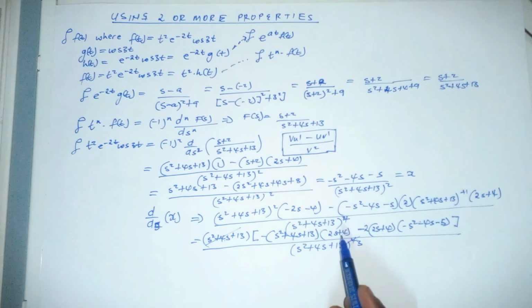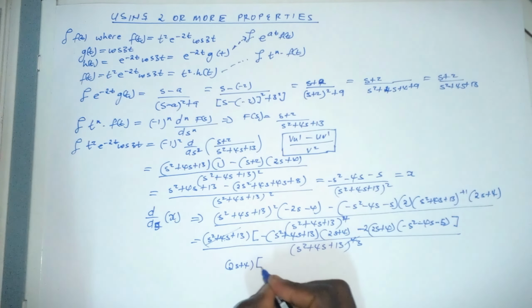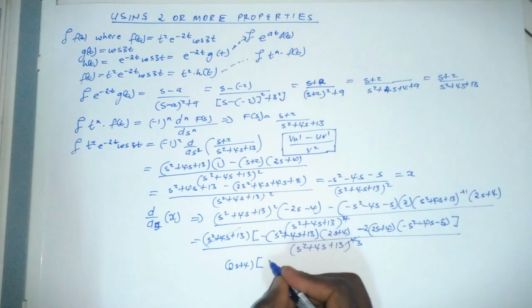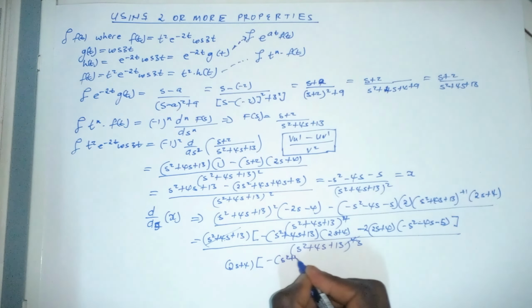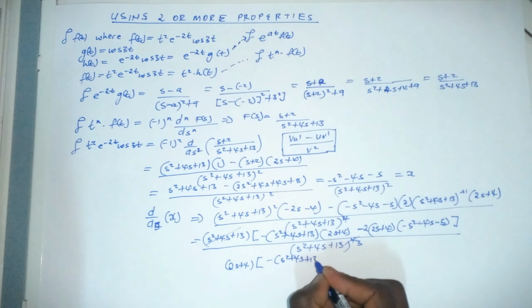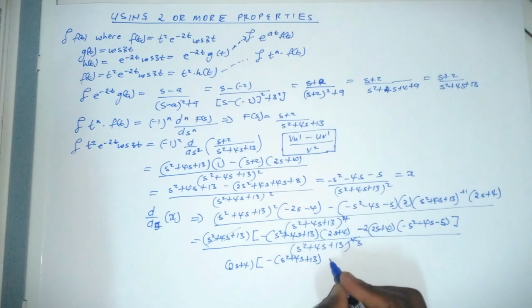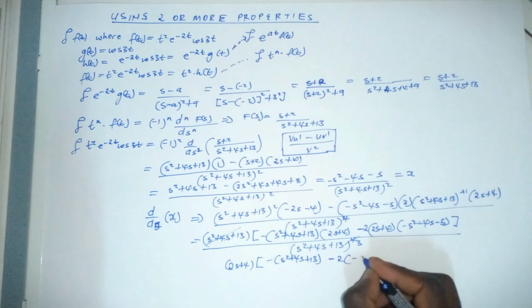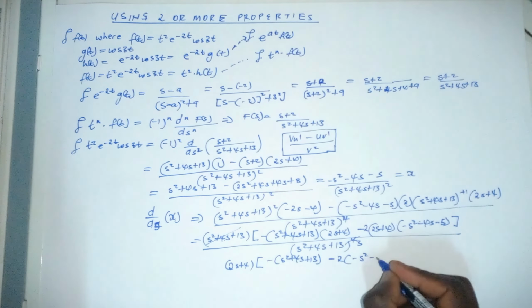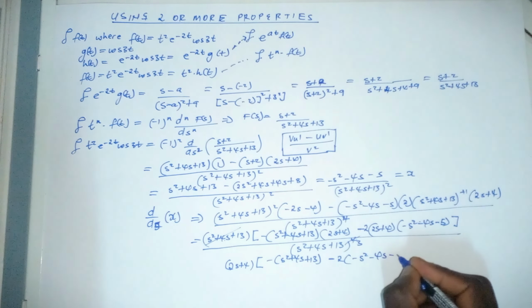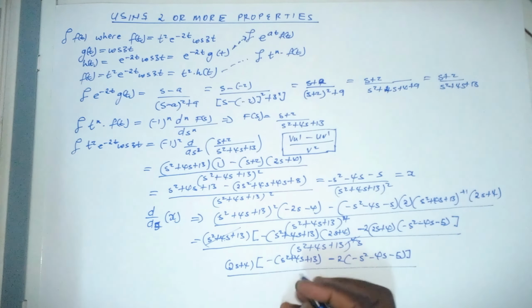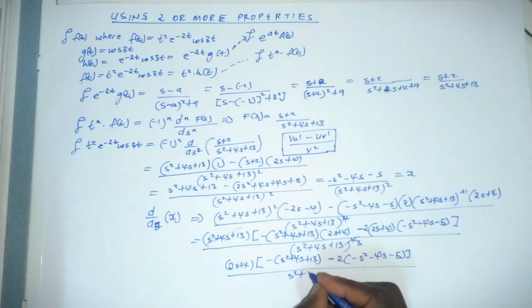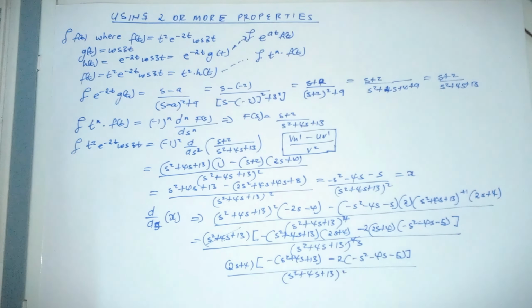So if you factor out 2s plus 4, we're going to be left with the s squared plus 4s plus 13 here, minus 2 times negative s squared minus 4s minus 5, divided by (s squared plus 4s plus 13) squared.